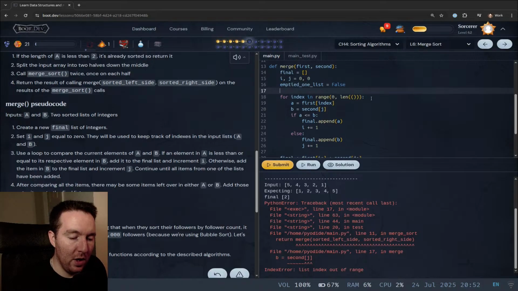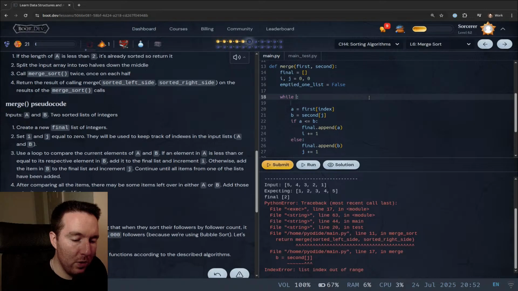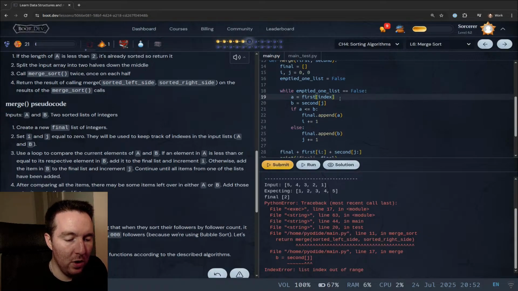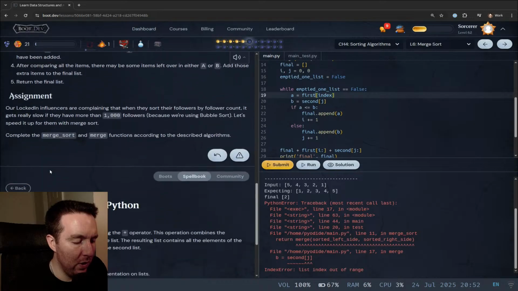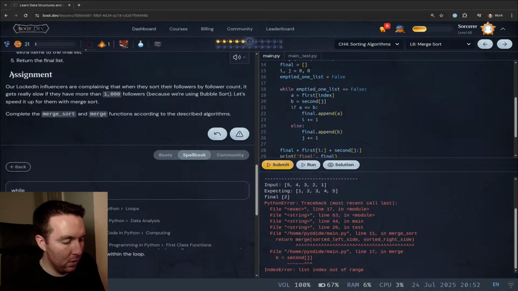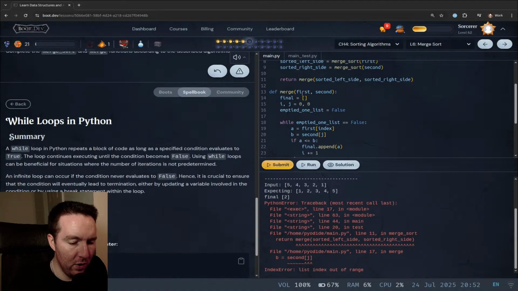And I guess it's while emptied one list is equal to false, and keep doing this. Can we get an increment when we're doing a while loop? While, I guess we can have a counter.